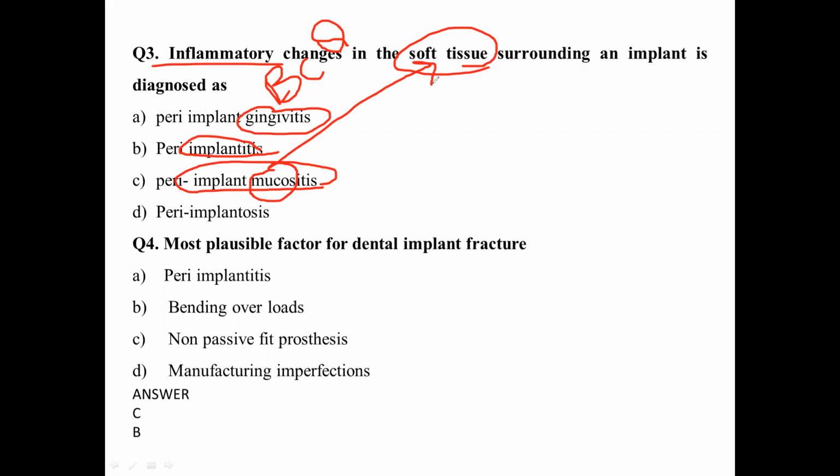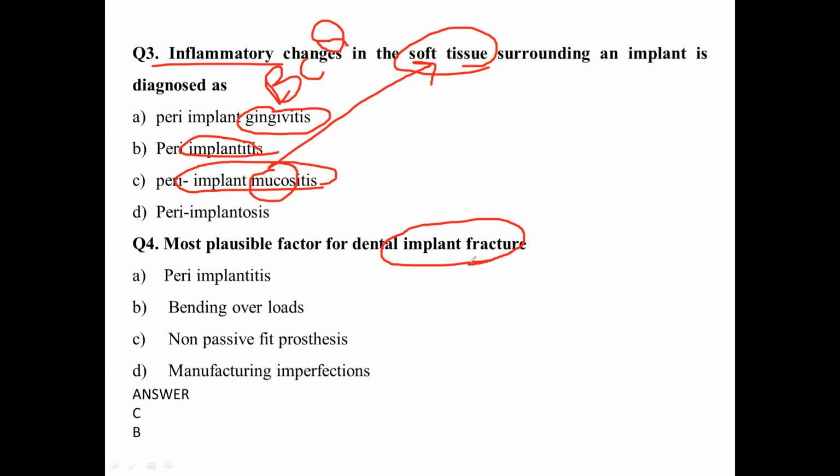Most plausible factors for dental implant fracture. What are these? Although we did not study it, we can use some common sense. It is not talking about an inflammatory condition, it is talking about fracture of an implant. How will the fracture occur?